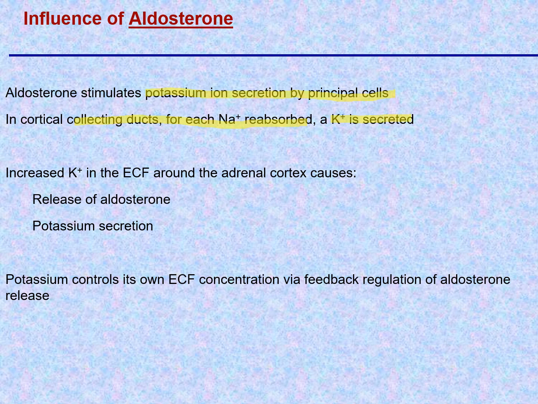If you have excess levels of potassium in the extracellular fluid around the adrenal cortex, it will trigger release of aldosterone, and aldosterone will cause an increase in potassium secretion. So potassium essentially controls its own extracellular fluid concentration by feedback regulation of aldosterone levels in the plasma.